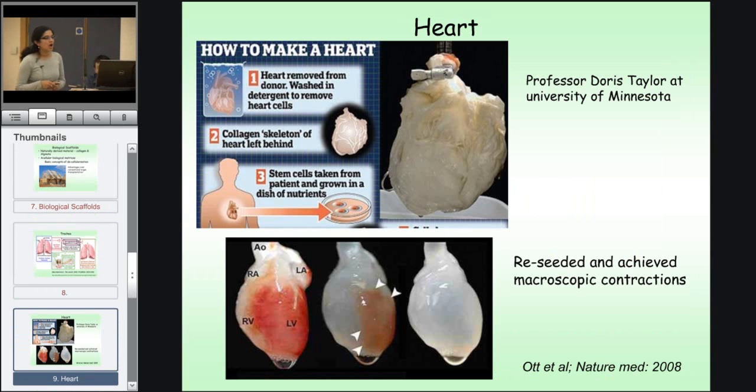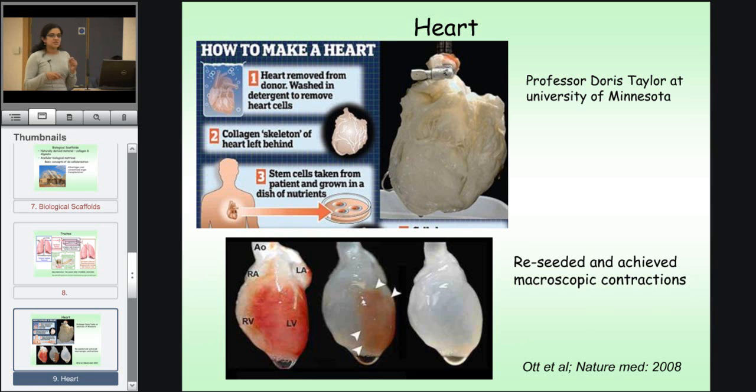The second exciting piece of information came out of Professor Doris Taylor's lab at the University of Minnesota. They were interested in tissue engineering a heart. They took a rat heart and again perfused detergents into the heart. The difference between this perfusion and that used previously for the trachea was that the trachea had simply been put into a bath and washed with detergents.